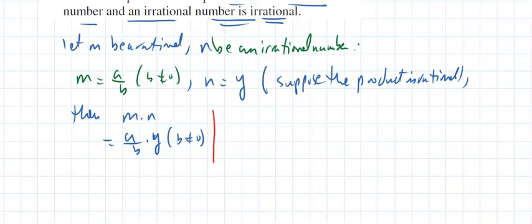Now, we also know that b over a is also a rational number. Let me think really quick.